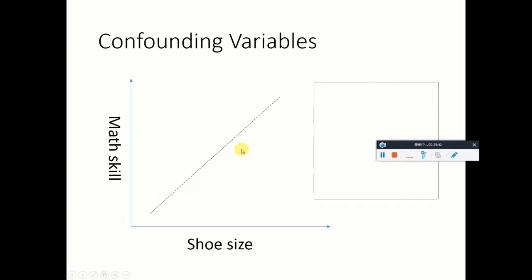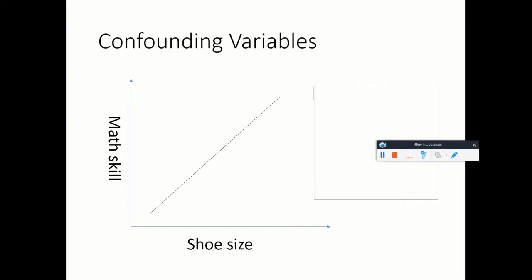And this correlation is positive, right? So that means as a person wears larger shoes, the person will be better at solving mathematical problems. That correlation does exist.